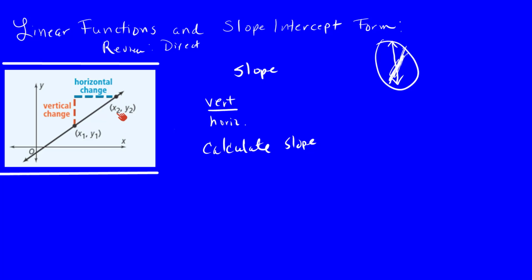We're going to designate these x2 and y2, x1 and y1, for the purposes of how we calculate slope. We look at that vertical change, which we call the rise, and that horizontal change, which we call the run. So slope we often refer to as rise over run.